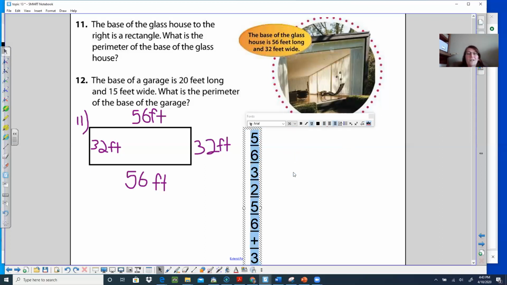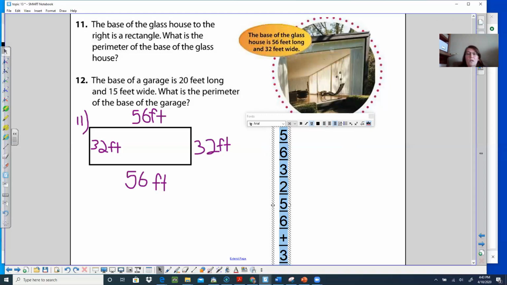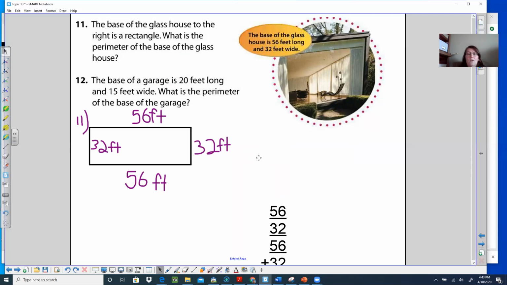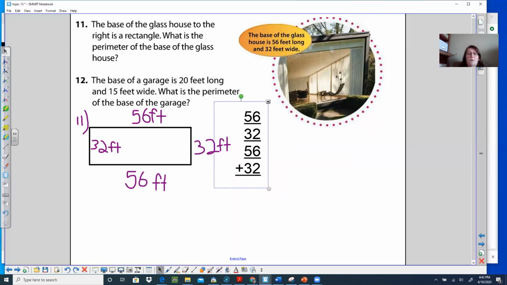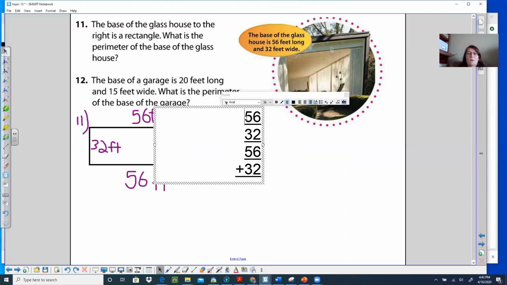Hopefully in the time that I have been writing it, you've gotten it written down. I didn't want everything underlined. There we go. Oh, that's so much better.